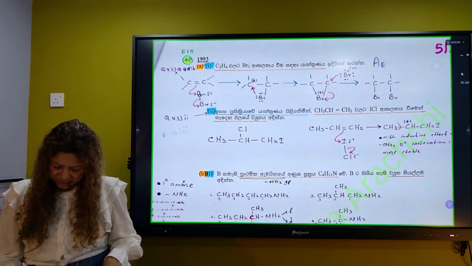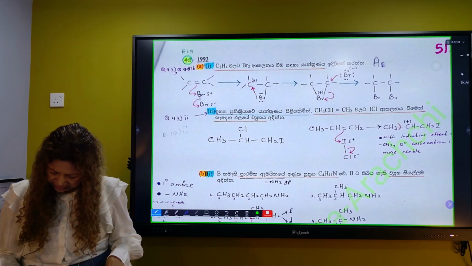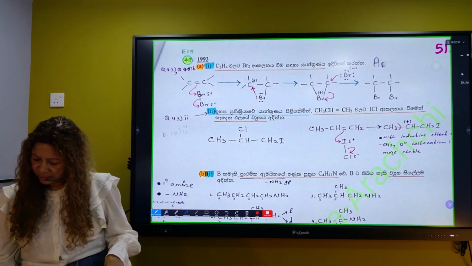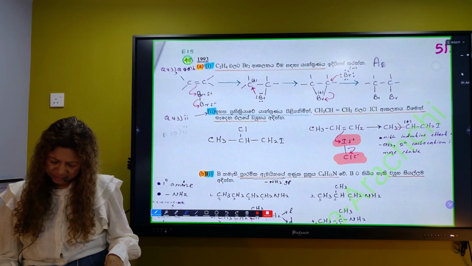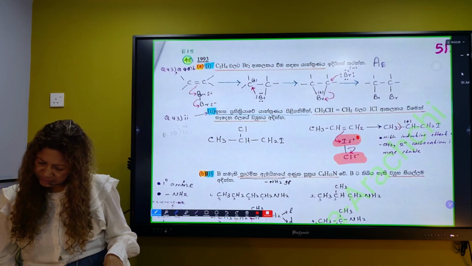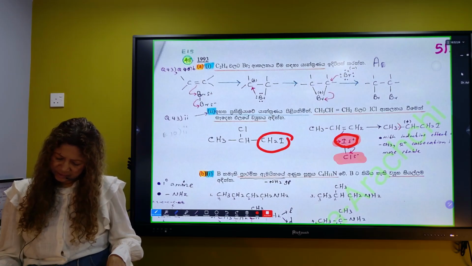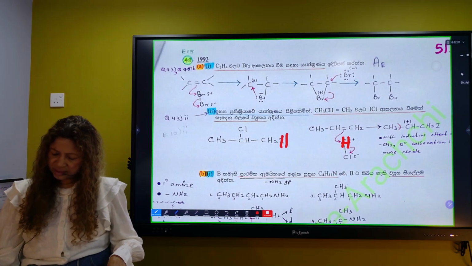Okay, ICl. What happened to ICl? If you join ICl here, iodine delta plus, chlorine delta minus. So iodine is supposed to join first. Just consider this as HCl, then this is hydrogen, hydrogen positive.